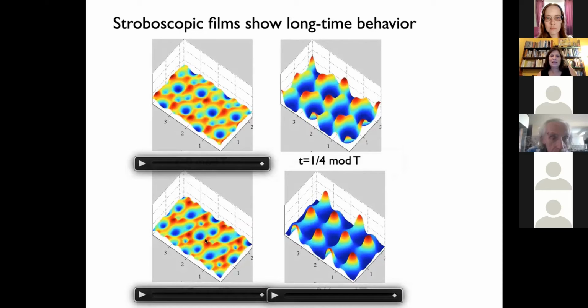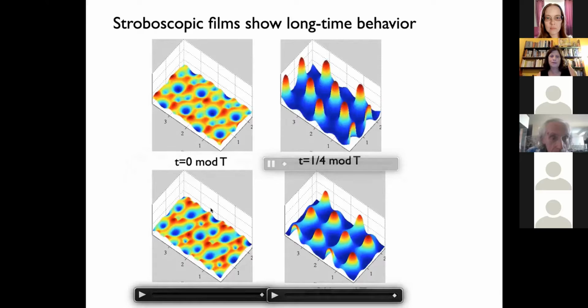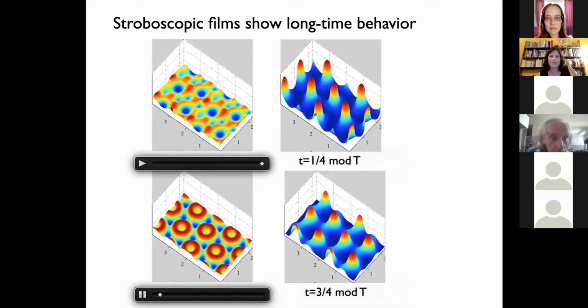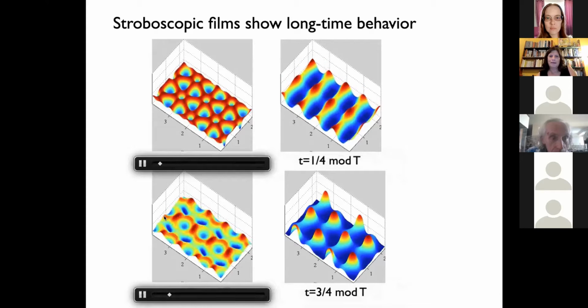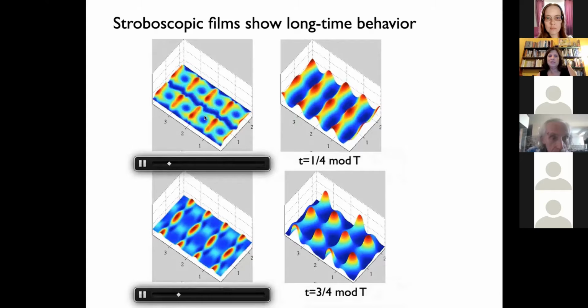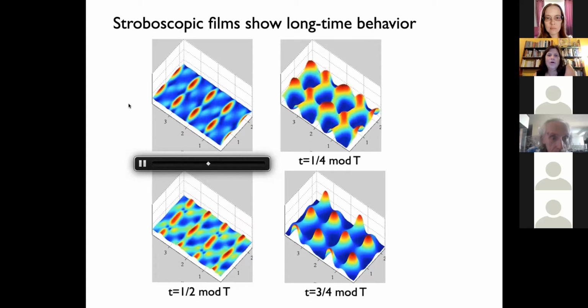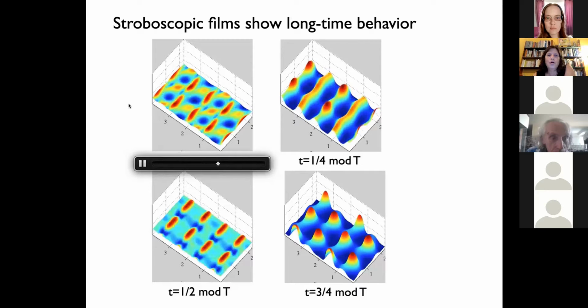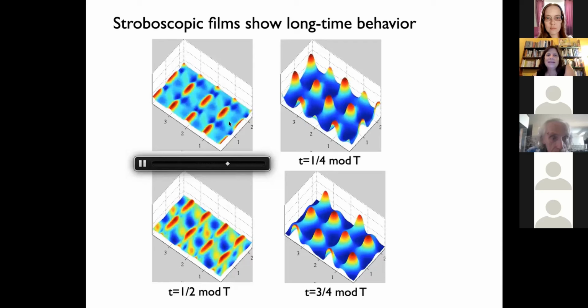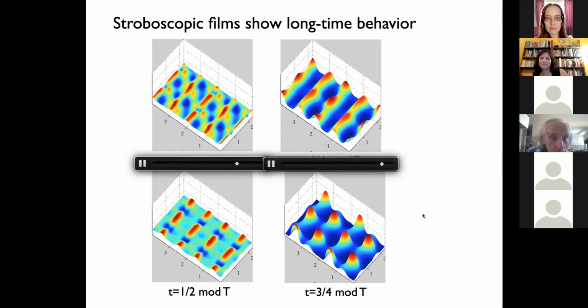And I can show that again. You can watch it during one period. Now during one phase, this is the beaded stripes, and then it's going to be quasi-hexagons, and then beaded stripes again.